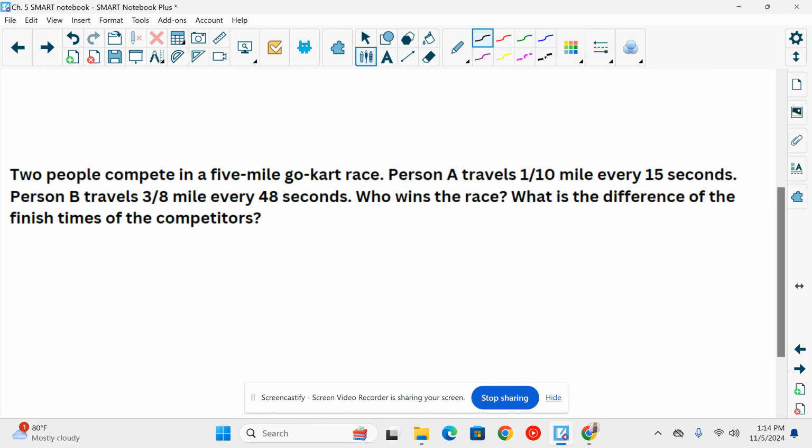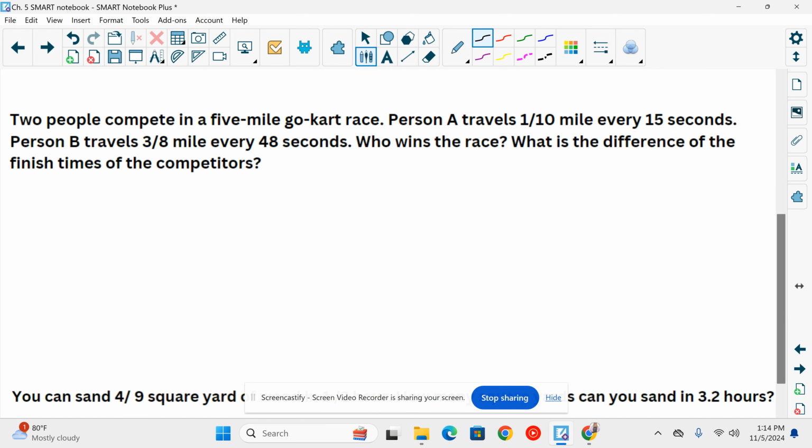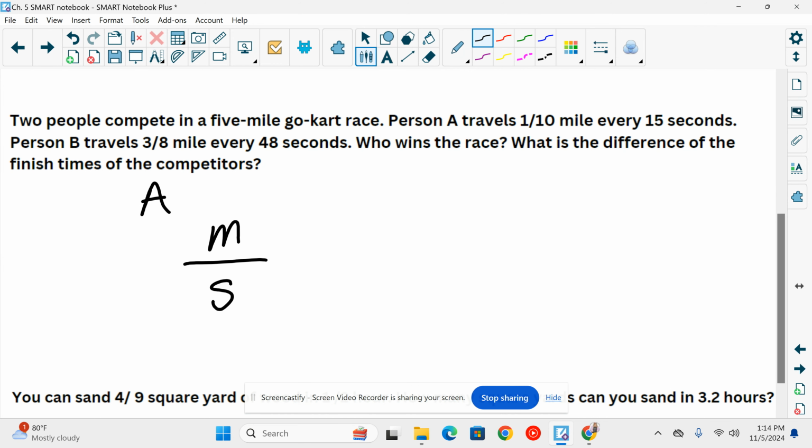Alright, because I don't want us to run out of time. So, that second one could be a little bit tricky. How many of you use ratio boxes? Okay, that's what I used. So, I've got person A, and we're comparing miles to seconds.